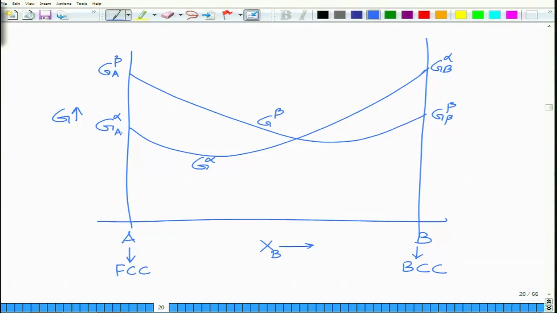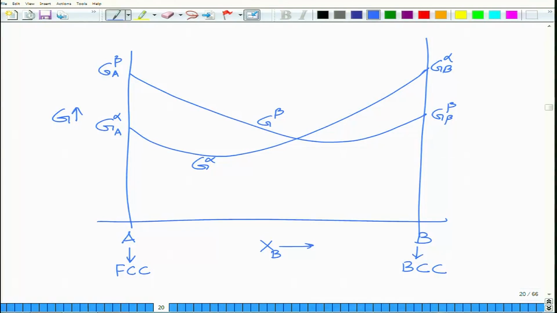The free energy of A in alpha form is lower as compared to the free energy of A in beta form. Similarly, G B beta is lower than G B alpha, implying that the BCC structured beta phase is more stable as compared to the alpha phase. Now let us look at the phase existence.